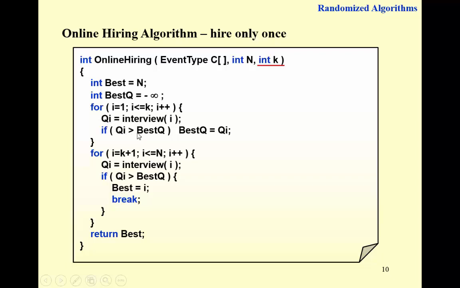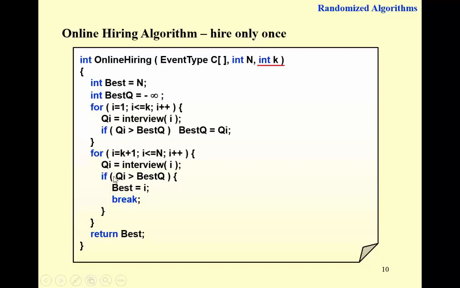If their quality is better than the current best quality, update the best quality, but we do not hire any one of them. All right, so after the first K candidates are passed, starting from the next one till the last one, we again interview them.